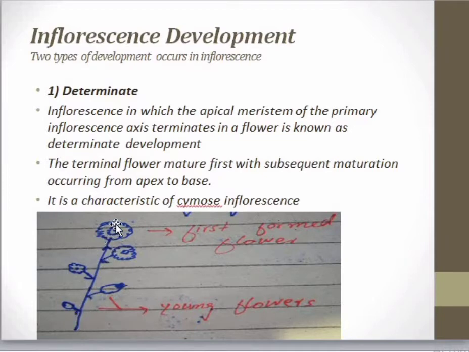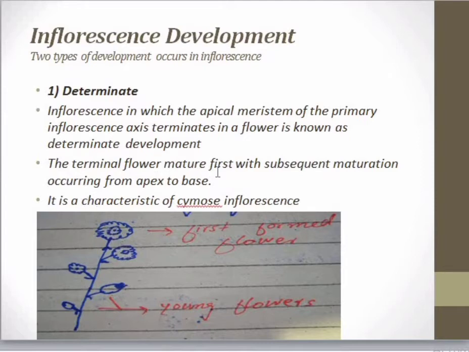If this axis grows, and here first forms the flower at the top, then at the flower formation, the development of this axis comes to an end. Such a type of development is known as determinate, in which the growth comes to an end. When this flower forms, no further growth will occur, and these flowers will form later on.